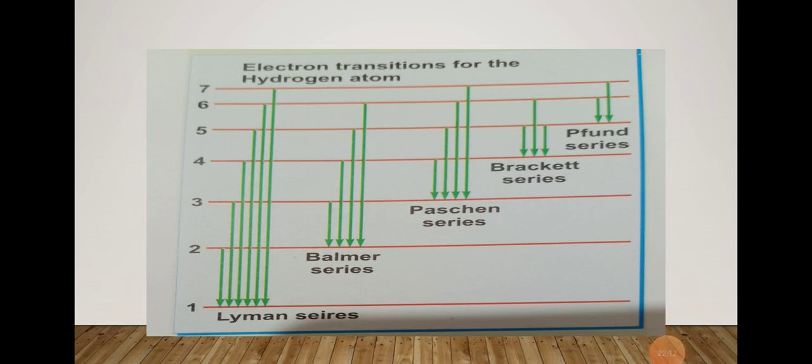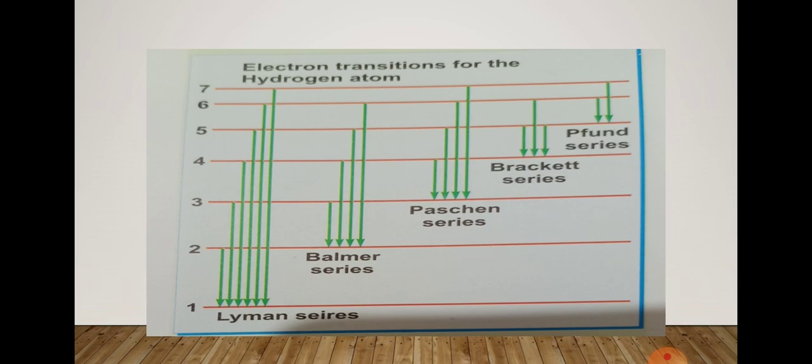So try to understand the spectrum of hydrogen. When an electric charge is passed through gaseous dihydrogen, the hydrogen molecules dissociate into energetically excited hydrogen atoms. The excited hydrogen atoms emit radiations of discrete frequencies or wavelengths.